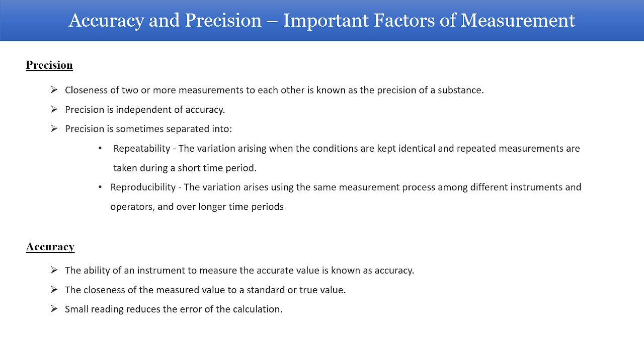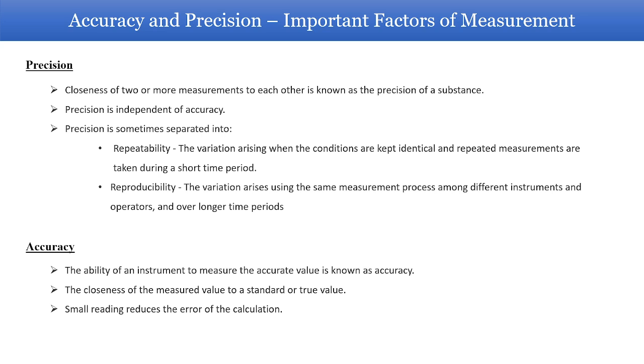It is basically how close your two or more measurements are, so it can be separated. Now, precision can be categorized into repeatability and reproducibility. These two terms mean the variation that arises when the conditions are kept identical and repeated, and taken over a very short period of time.